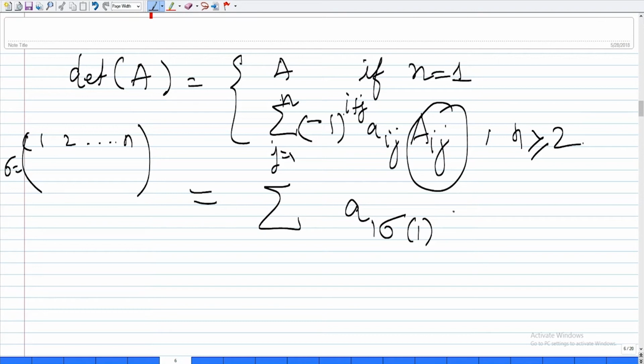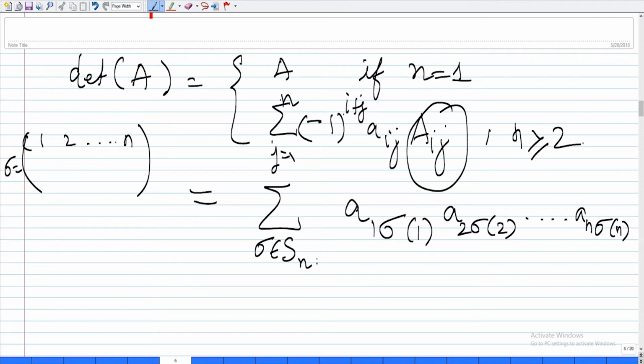You will look at A1 sigma 1, A2 sigma 2 and so on, An sigma n, and the summation runs over all permutations sigma of 1 to n. Mathematically, I will just write it as Sn, the set of all permutations of n elements, right.